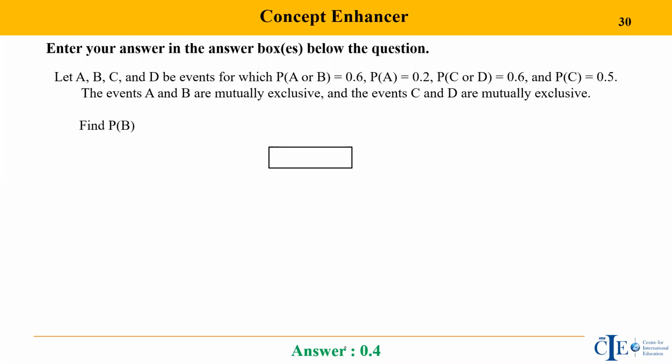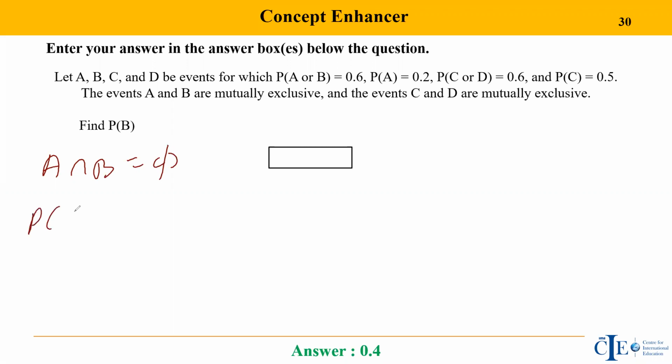Okay, now let's see. P of A union B is 0.6, P of A is 0.2, P of C union D is 0.6, and P of C is 0.5. It's given that the events are mutually exclusive. Now, as events are mutually exclusive, that means A intersection B is empty, so the probability would be 0.